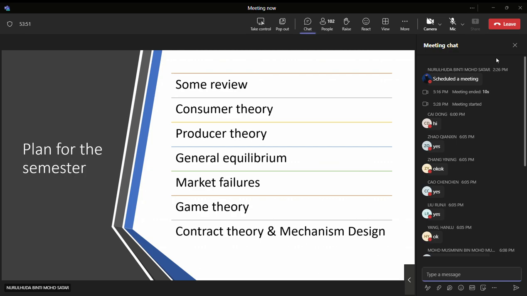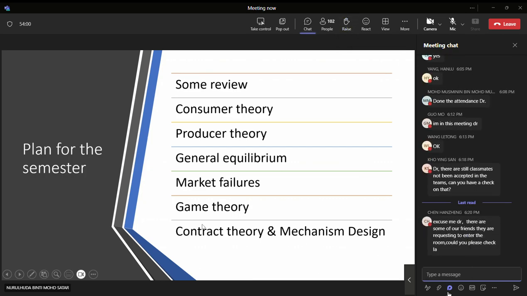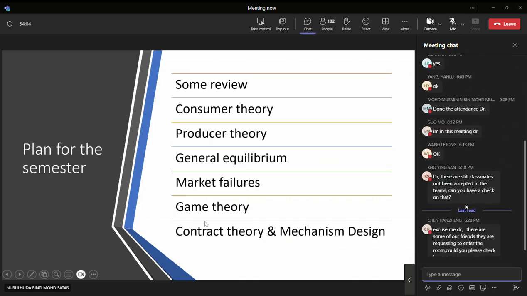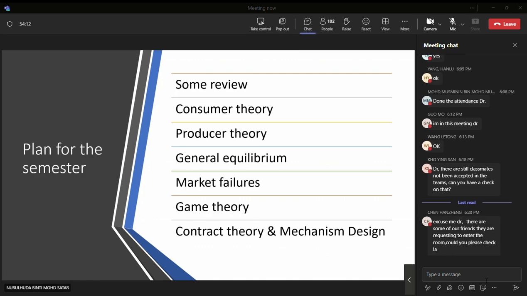And in game theory, we will basically do a direct application rather than looking at specific chapters or topics. So game theory is basically going to be applied to understand market structure and how firms, in particular oligopolistic type of competition, behave.